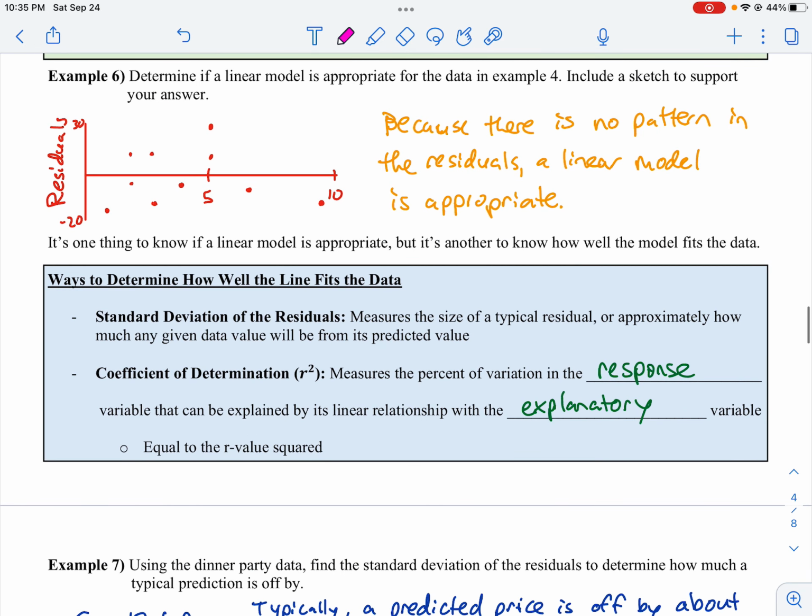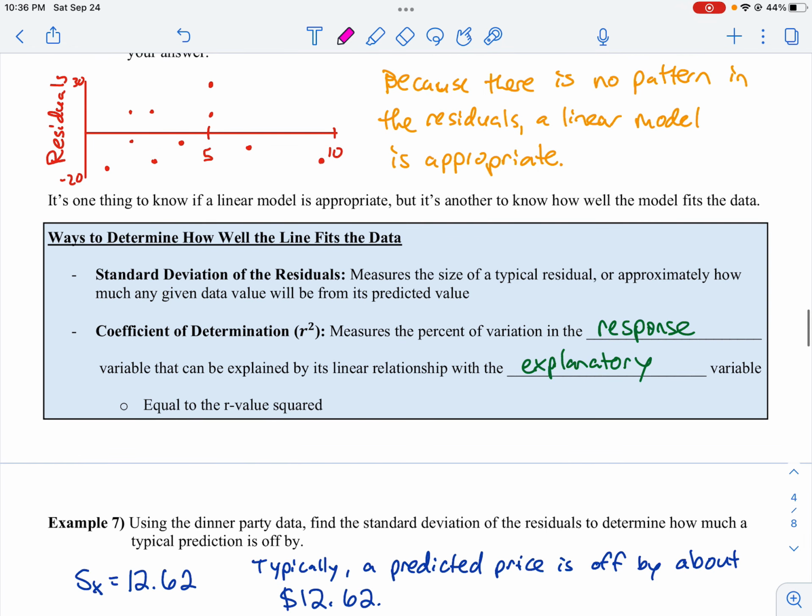Where we ended in the previous video lesson was talking about the two different ways to determine how well our line fit our data. So the residual plot says, yes, a line is good, or no, a line is not good, but it doesn't tell us how good it is. So the standard deviation of the residuals tells us the typical residual, or in other words, about how far off is any given guess from the actual value.